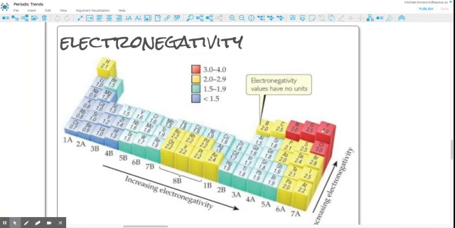It's a good balance between nucleus size and atom size, where the nucleus is positively charged enough that it can hold on to its electrons really well, but it makes for a small enough atom that it is also able to attract electrons from other atoms really well.